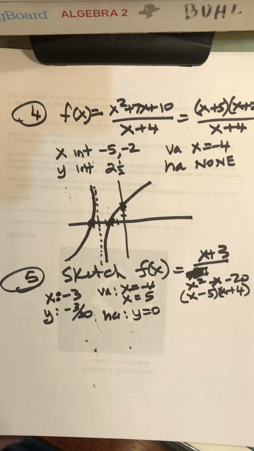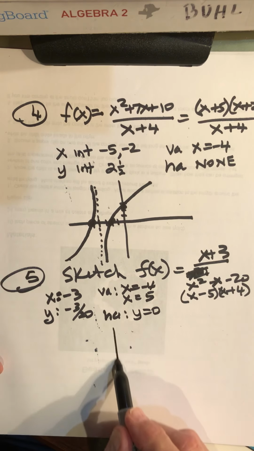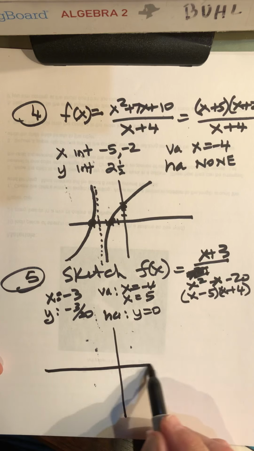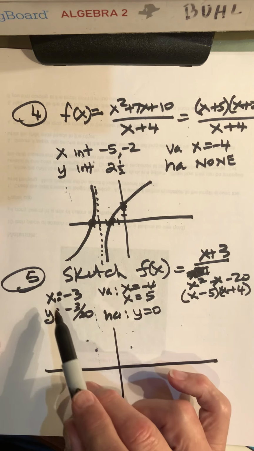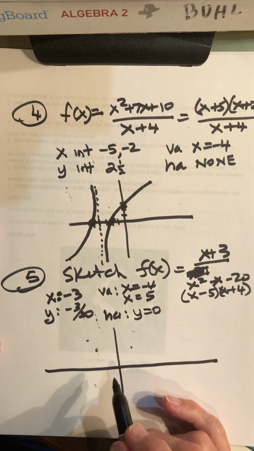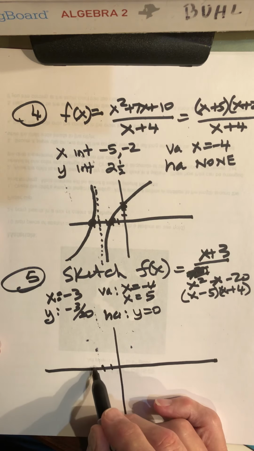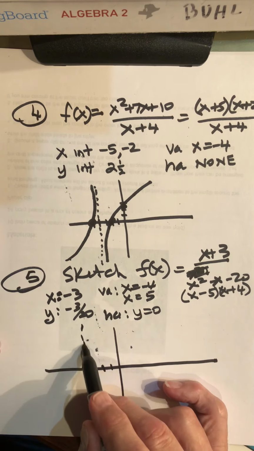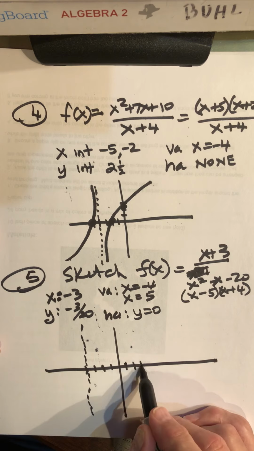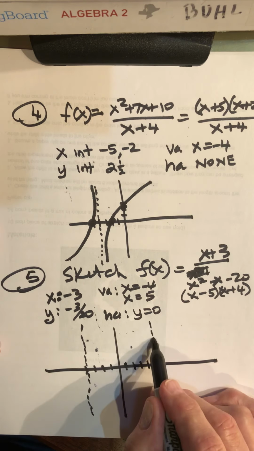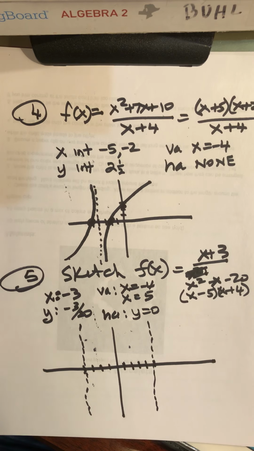Now remember with asymptotes, this is going to be a little bit different. It's at the extremes that you cannot cross the asymptote, but you can cross the asymptote, and we will in this case. So we've got vertical asymptotes at -4 and at 5. Okay, and I am going to look for some help on the calculator here.